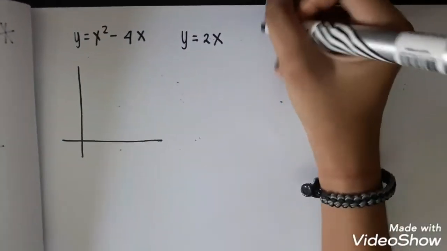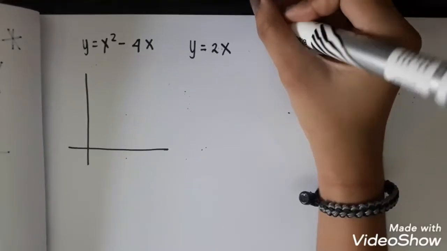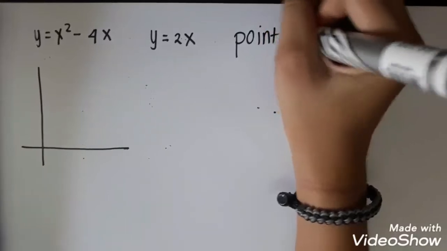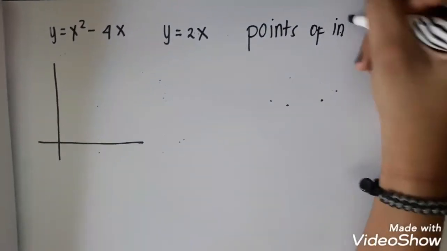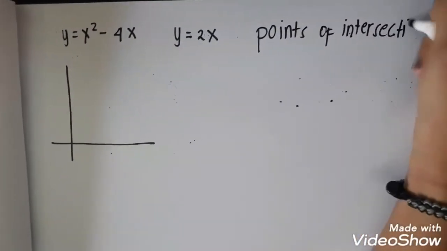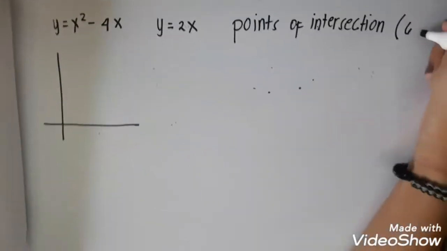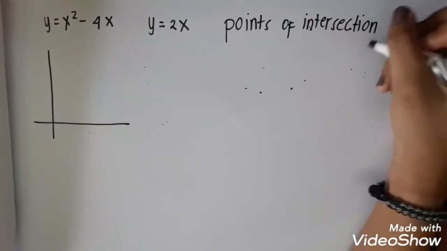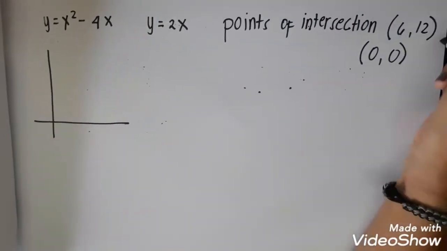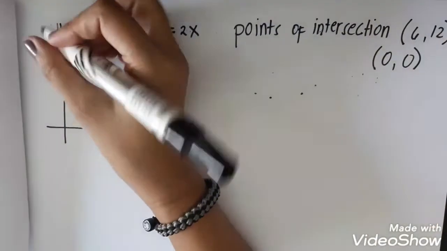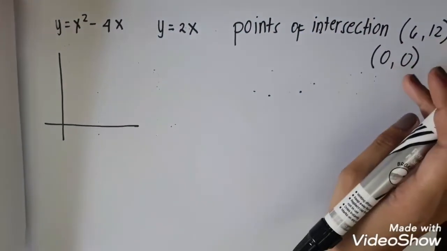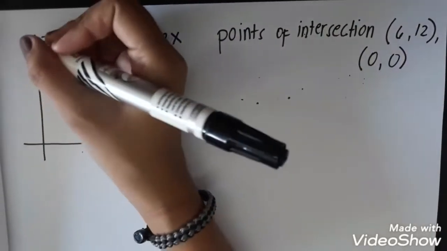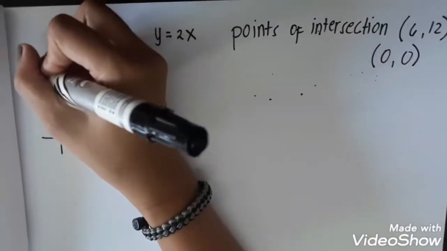And then our points of intersection are at 6, 12 and at the origin. The origin is 0, 0. So as I've said, x squared is a parabola, and the points of intersection are 0, 0 and 6, 12. So let's make a parabola.